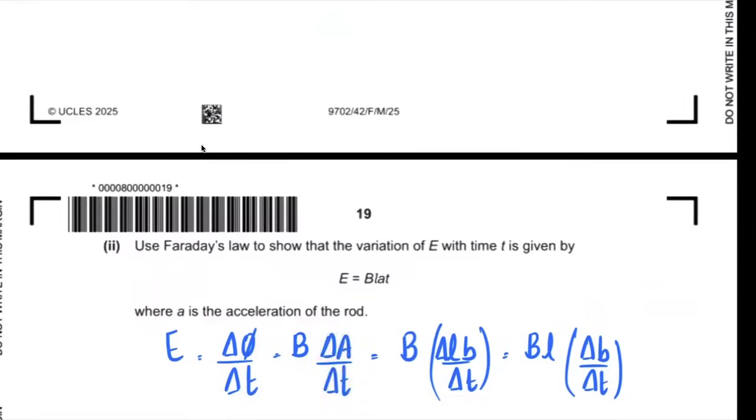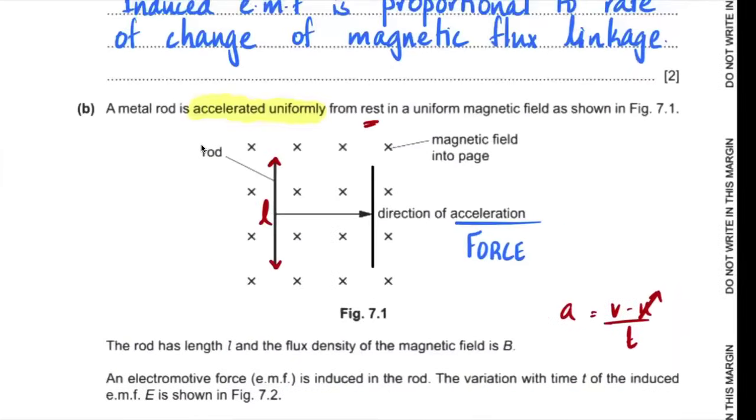I can say that this area and how much it's changing is basically its length, and let's say it goes from here to here. This is its breadth. So L delta b over delta t. Now how do I find breadth? The breadth that it covers is the velocity multiplied by delta t, right?